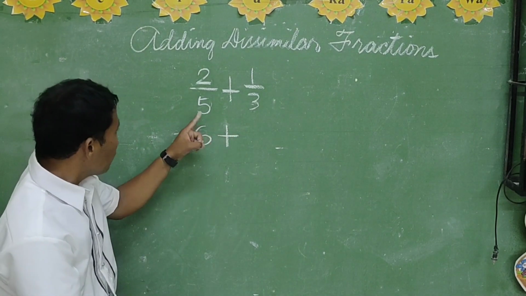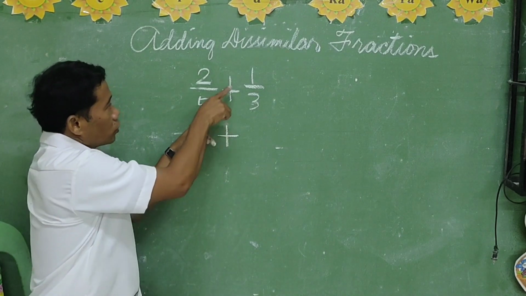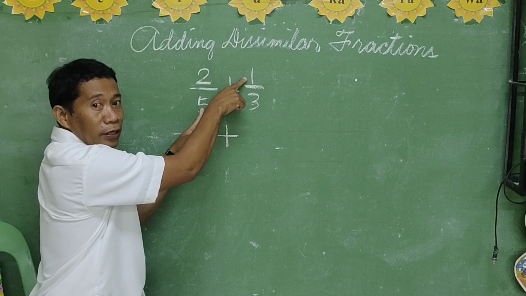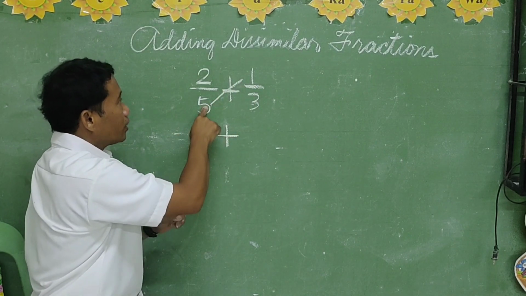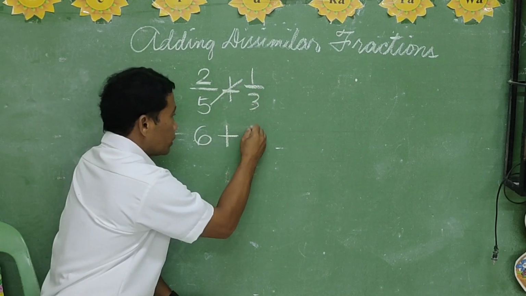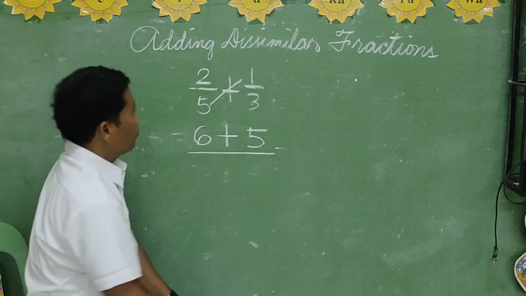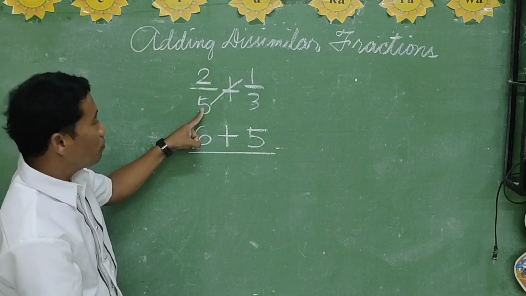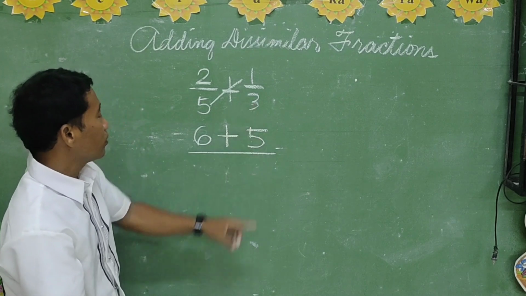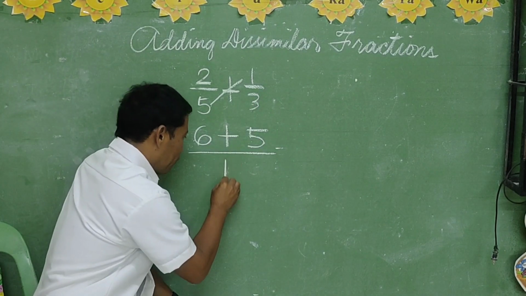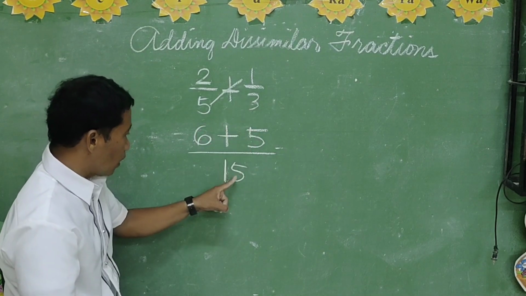Then, multiply the first denominator to the second numerator. So 5 times 1 is equals to 5. Over, multiply the first denominator to the second denominator. The answer is 15. Because 5 times 3 is equals to 15.